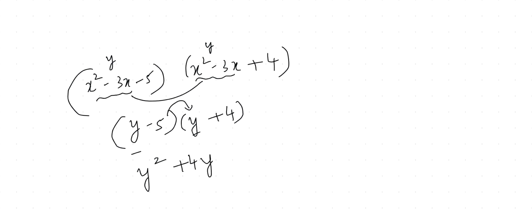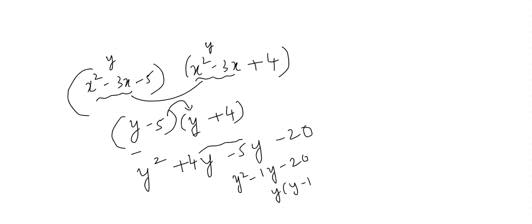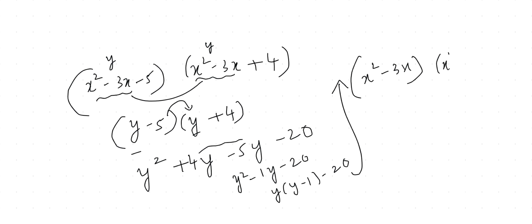Minus 5y minus 20. And this, of course, I can write as y square plus 4 and minus 5 will combine to minus 1y minus 20. Y into y minus 1 minus 20. That's exactly what we got, isn't it? What was that y? That y was x square minus 3x into x square minus 3x minus 1 minus 20.